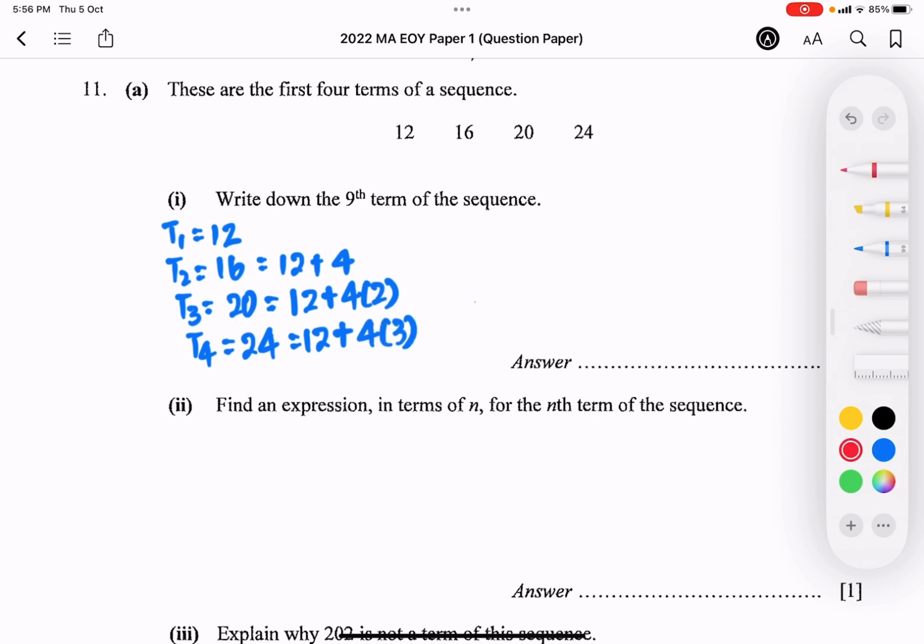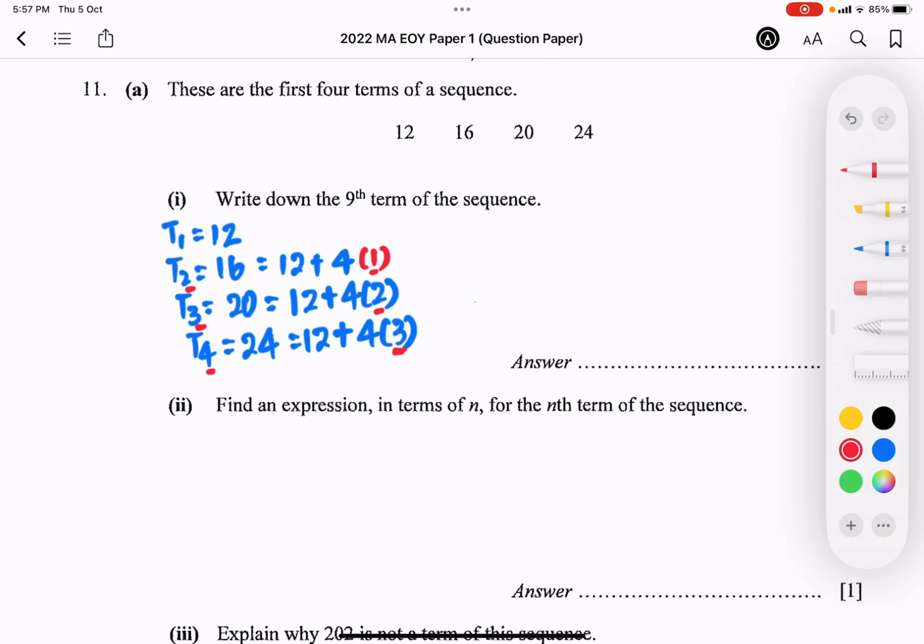So based on this, we notice that when this is 4, here is 3. And 3 is 1 less than 4. When here is 3, then here is 2, which is 1 less than 3. And of course, although this is not obvious, we know actually it is like 1, where this one is actually 1 less than 2.